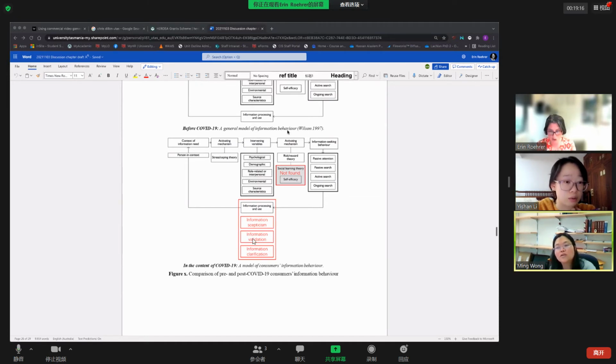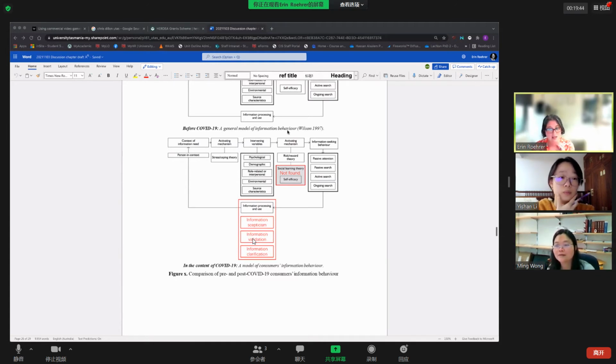Yeah, so that's what you need to draw out. Someone else has talked about information validation, right? That was not in this. So your research is in agreement with that person, but your research actually adds to this dimension because it's related to skepticism and clarification as well. You need to draw that out. That's so important, because you've actually got an addition to a model.